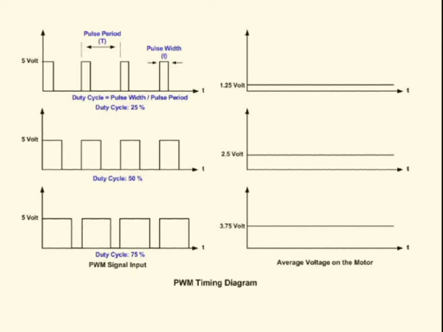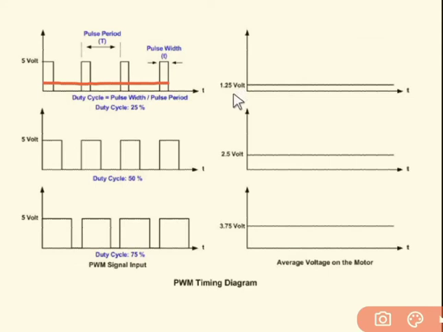If we consider the input voltage is 5 volts, the output voltage is 25% of 5 volts, so the output voltage is 1.25 volts. If we consider the average value of this pulse, its magnitude is 1.25 volts.